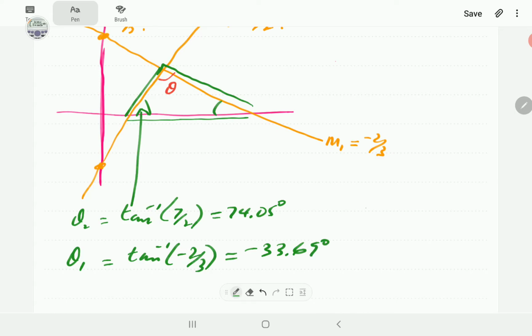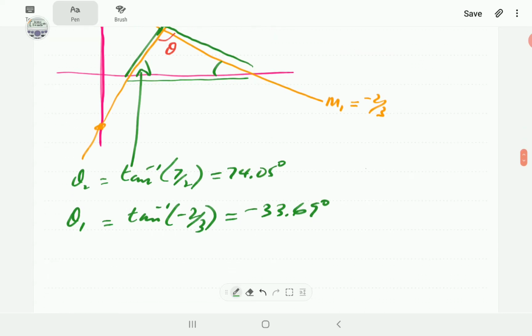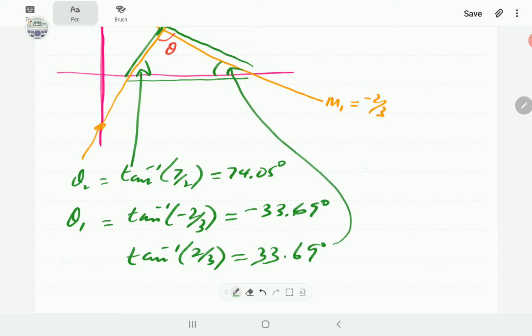The reason why it's negative is because it's on the left of this line. But if you just use the positive value, since we are interested in just the size of the angle, then this angle here is just going to be given by inverse tangent 2/3.